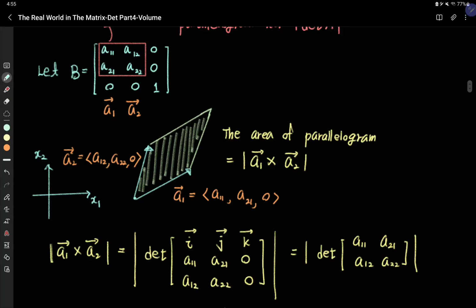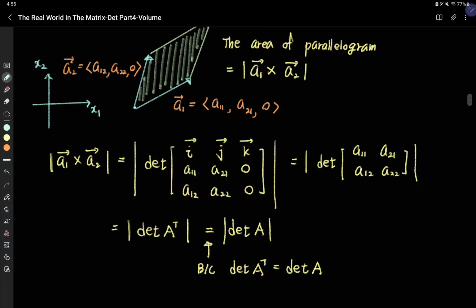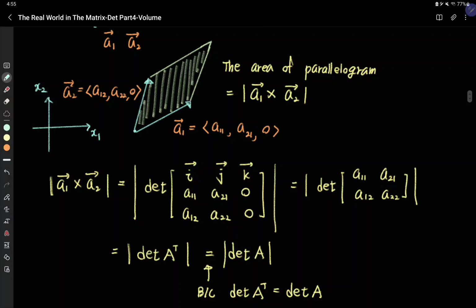Because all third components in vectors A1 and A2 are 0, vectors A1 and A2 must be on the x1 x2 plane. So then the area of the parallelogram must be this, right? Now why is this related to the determinant of the matrix A?